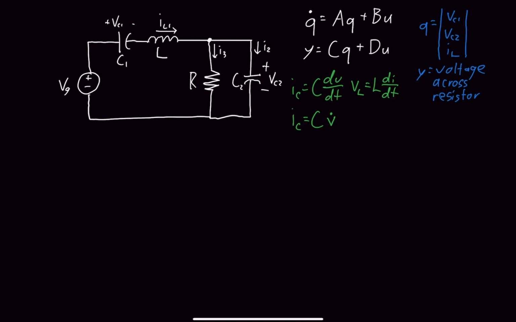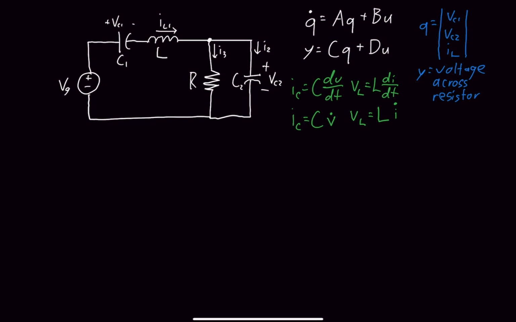The dot is the same as the derivative, so we'll also have V_L equals L I dot. So we can see we've got three possible state variables. And our Y is given to us right here. So we have a rough idea of what we're looking for.